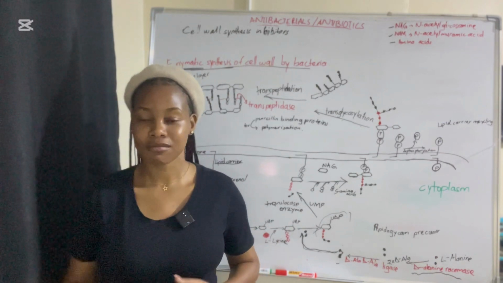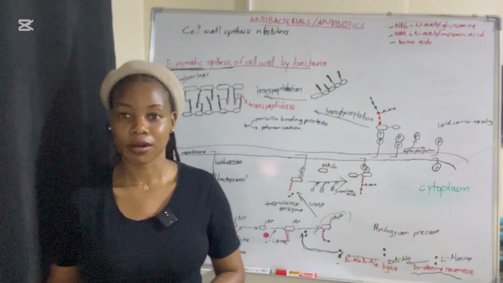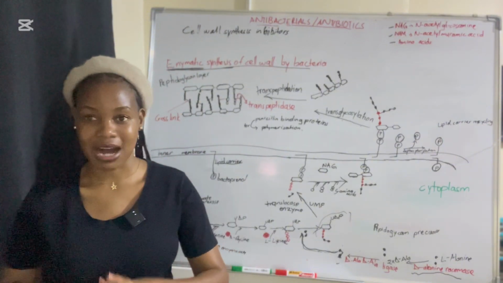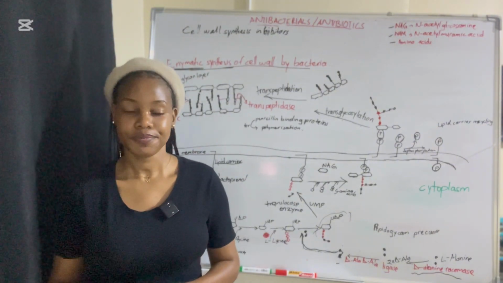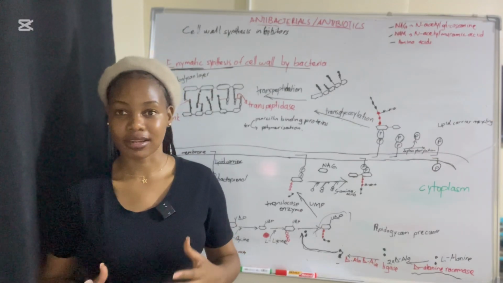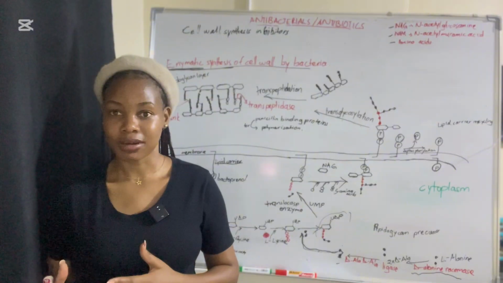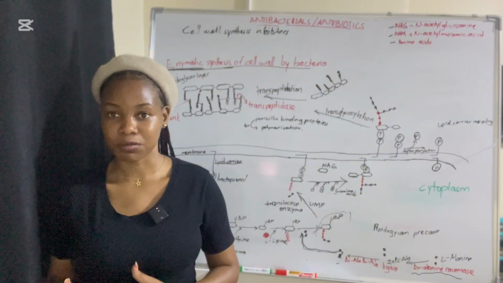Gram-negative bacteria have fewer peptidoglycans, while gram-positive bacteria have much more peptidoglycan. Also, gram-negative bacteria have an outside membrane, while gram-positive bacteria don't. What do we realize?